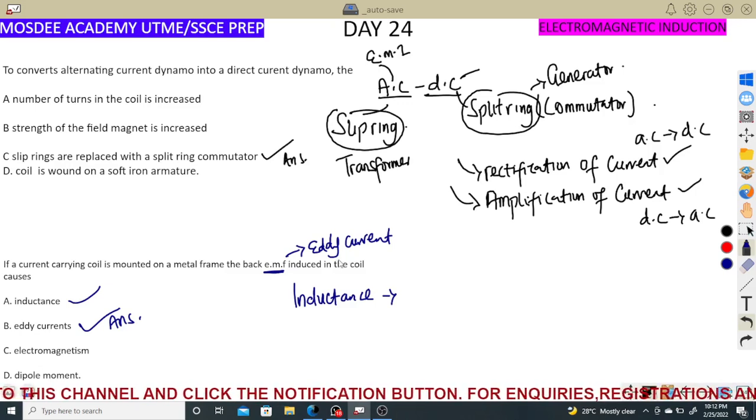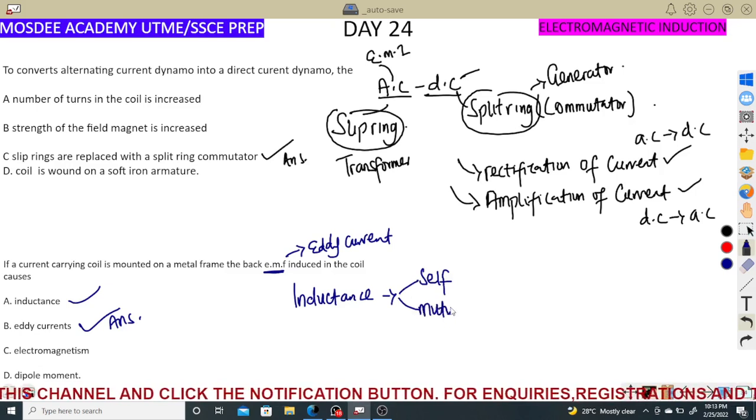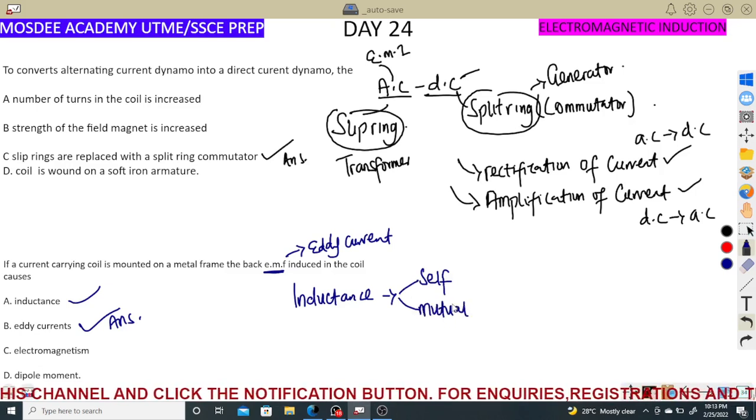Now, under electromagnetic induction, we find what we call inductance. I said there are two ways. There's what we call self-inductance, and there's what we call mutual inductance, short concept. I will only limit it to O level.